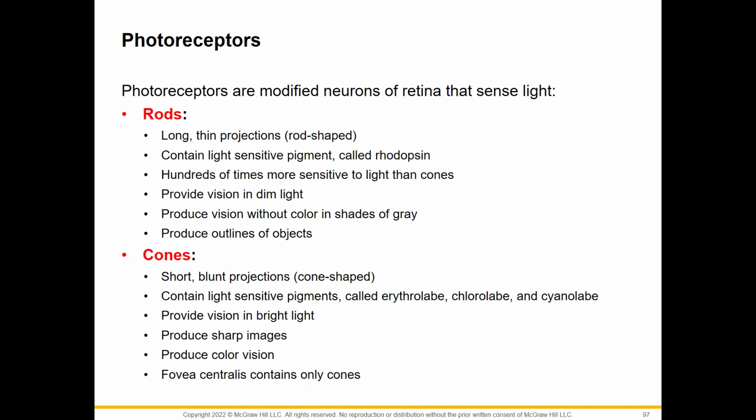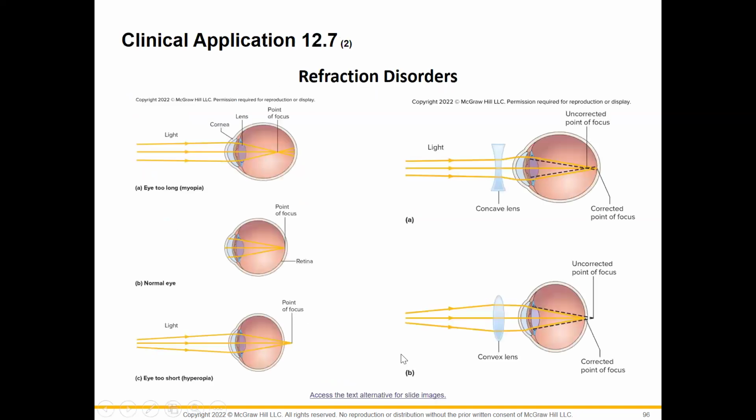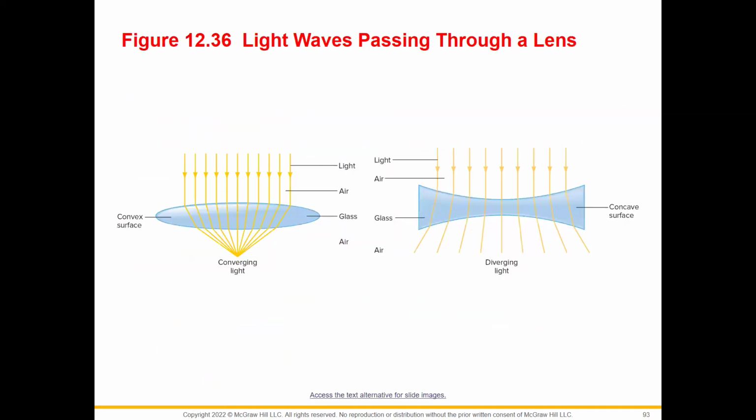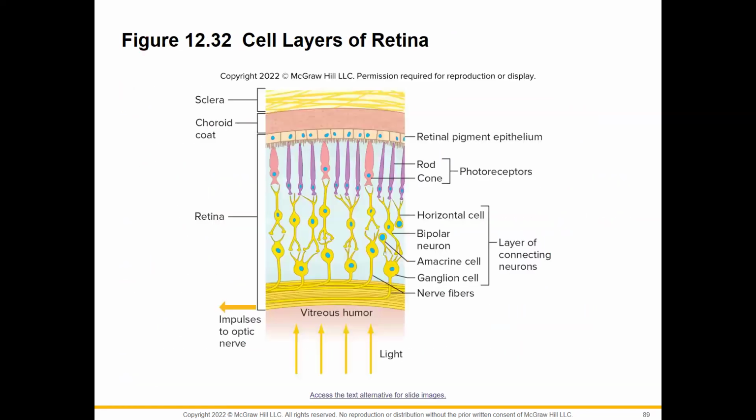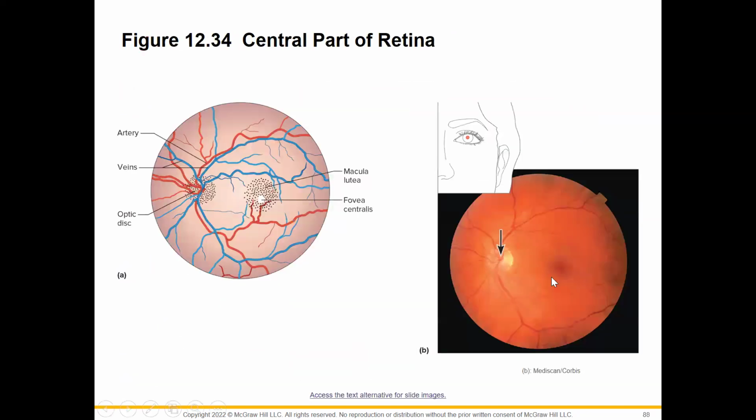So remember the image of the eyeball. Where is it? So the fovea centralis is here in the center of the macula lutea. When you look at the macula lutea, this is the highest concentration of rods and cones.